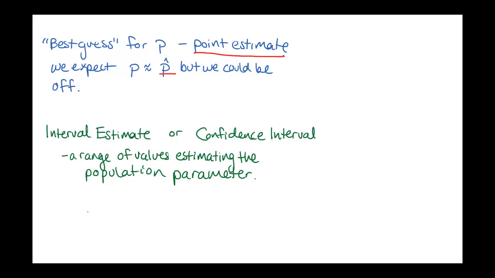The other type of estimate is what's called an interval estimate, or what this book calls a confidence interval. So this isn't a single value, it's a range of values that are attempting to estimate what the population value could be. We can never be 100% sure about what the population value is unless we actually looked at the entire population, but we can make an estimate using this interval technique.